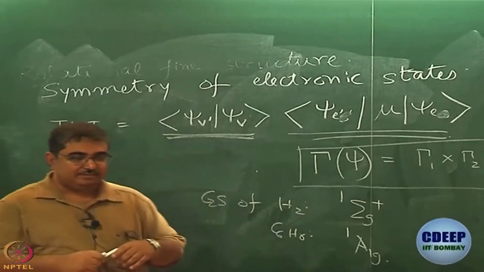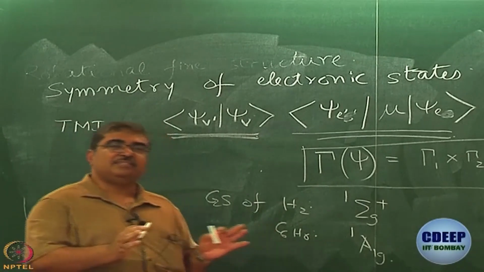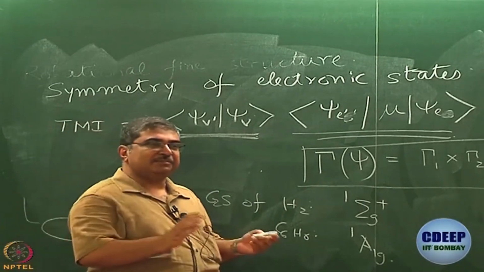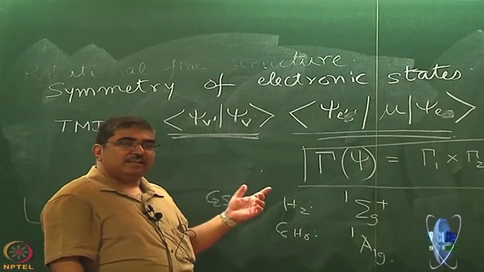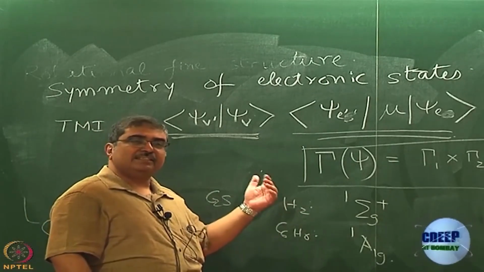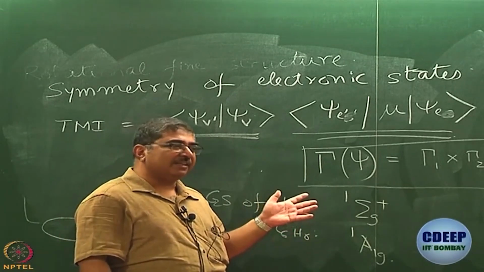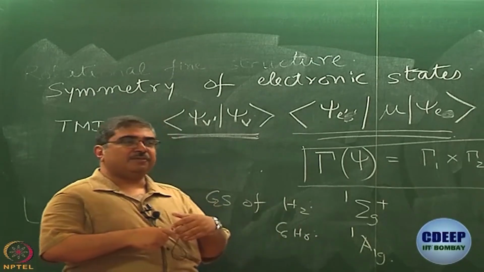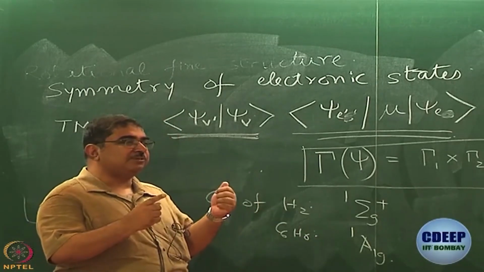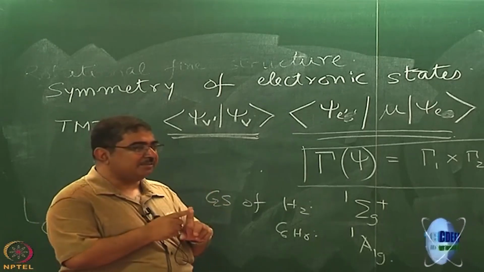So, I had a chat with some colleagues and I have been told that in inorganic chemistry they discuss LS coupling term symbols in some course, I do not know in which course. So, I will not try to do that. All I want to say is that the term symbols we get from symmetry and the term symbols we get from LS coupling are actually the same. The reason being that there you use the vector model of angular momenta and think of how they couple.